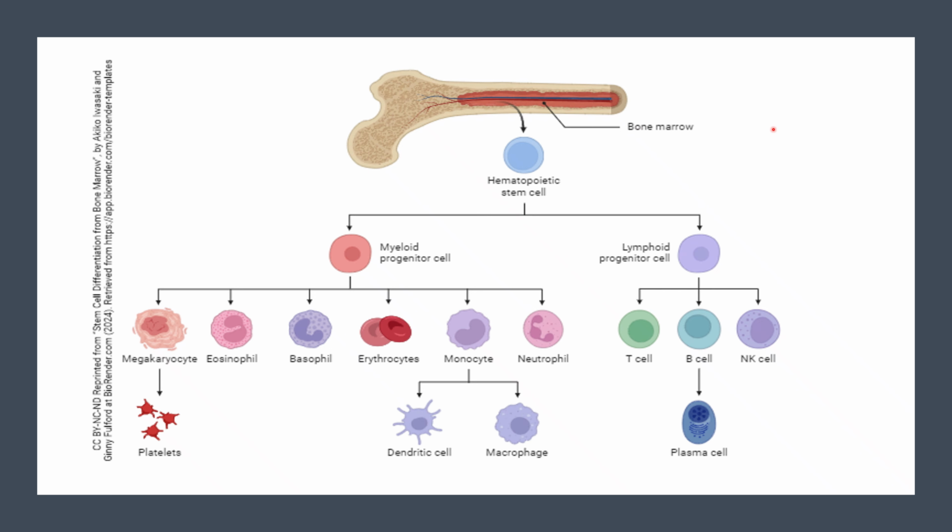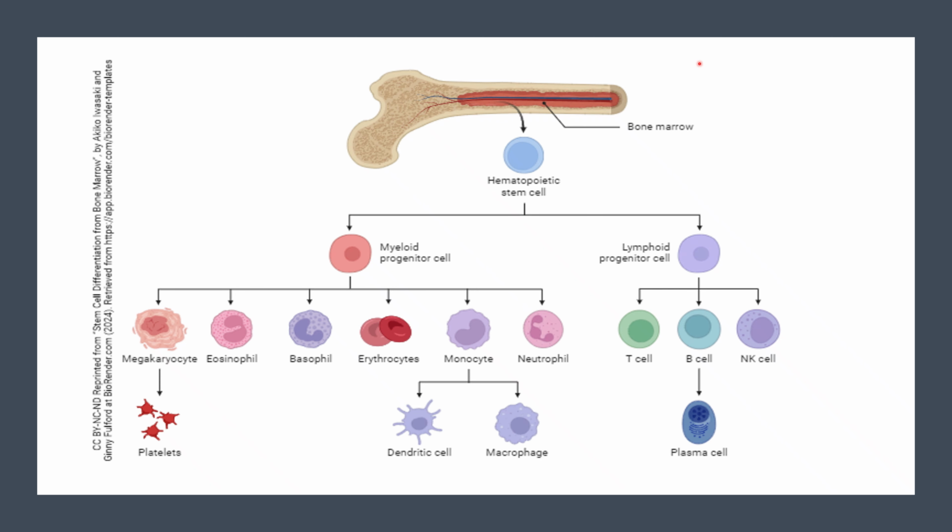So the red marrow produces pluripotent stem cells, they say in the book, the myeloid and lymphoid lineage. So the yellow marrow, so we have the red and yellow.